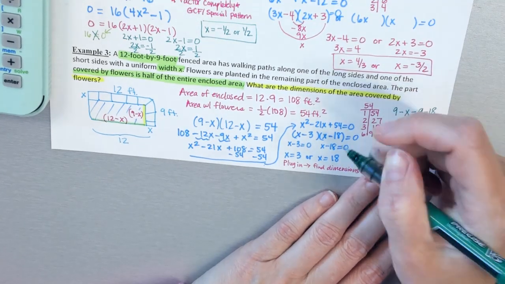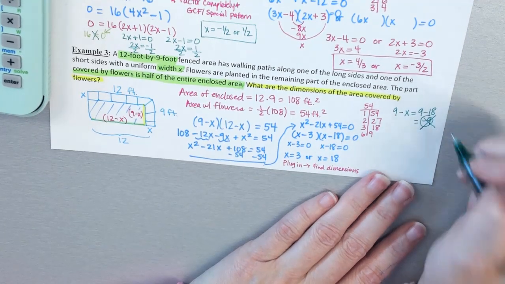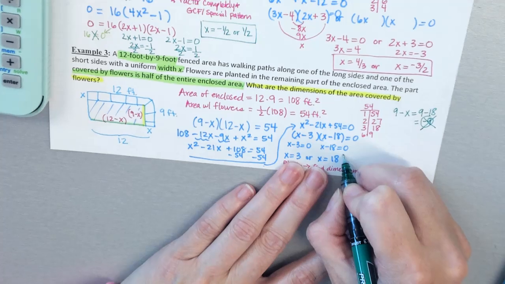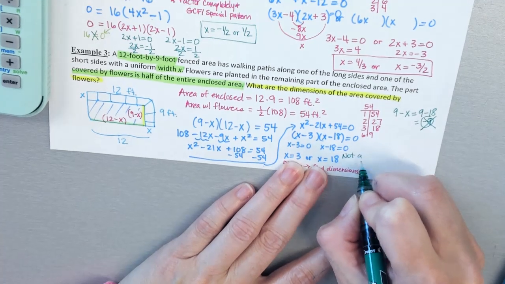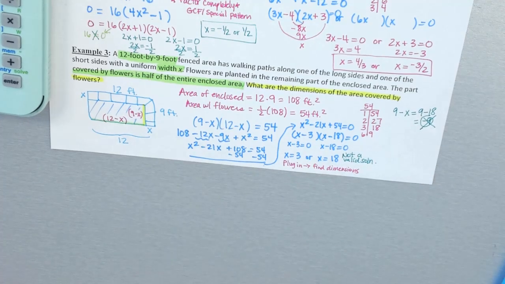Negative 9. Does that make sense? No. Okay, so 18 is not going to work. It is not a valid solution. You can think of it like an extraneous solution. You plug it back in, it's not going to work in this case because you can't have negative 9 feet.